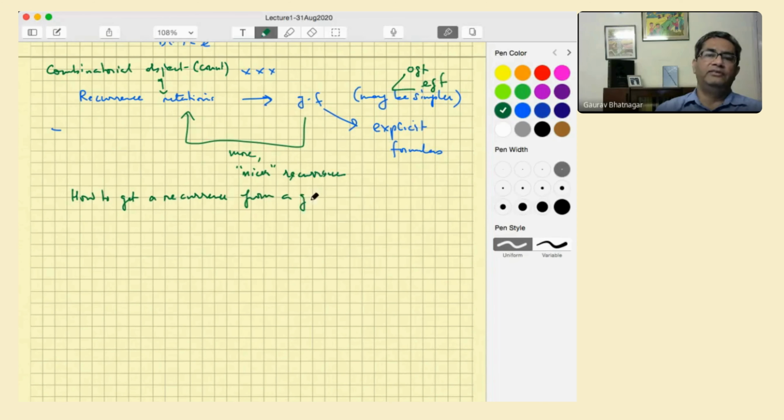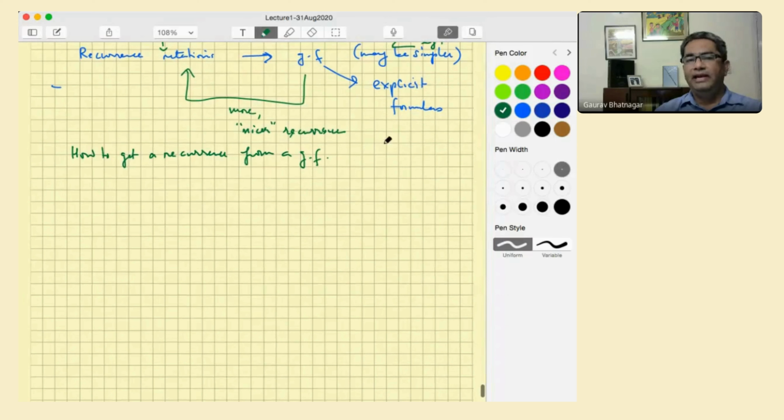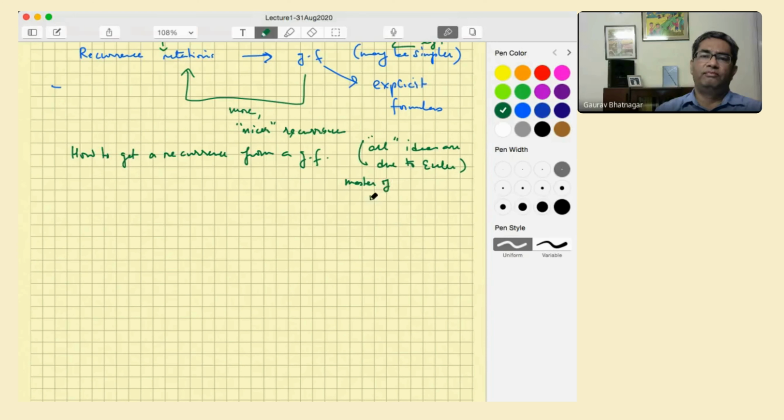Again, one thing I found is everything goes back to Euler. Almost all ideas in this domain are due to Euler. Euler was a master of combinatorics.